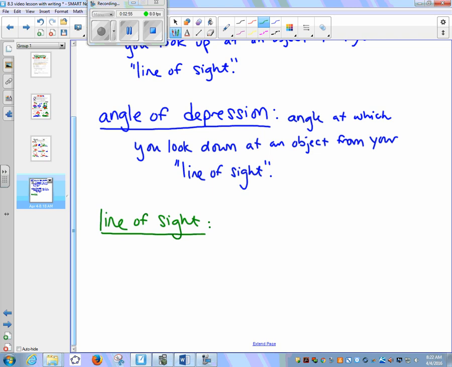Okay, so your line of sight is parallel to the ground.